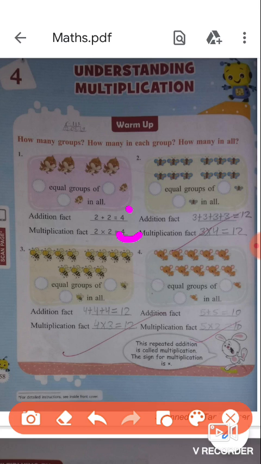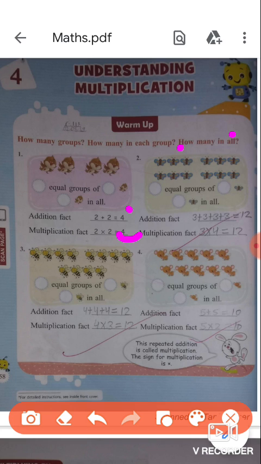Now in the next, second one, there are 4 equal groups of 3 butterflies. Sorry students, I said 6 earlier, but it is 4 equal groups of 3 butterflies. It means there are a total of 12 butterflies in all.